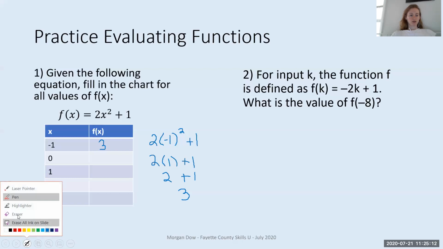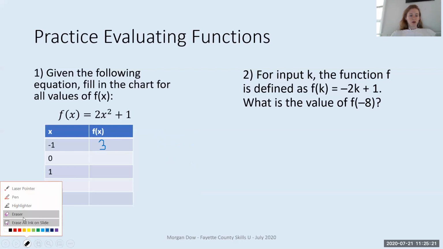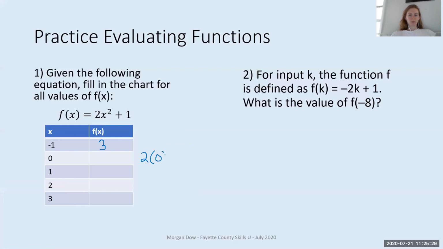All right, now let's try the next one. So 0, we've got 2 times 0 squared plus 1, and we're going to work through the same order of operations. So 0 squared means 0 times 0, which is 0.